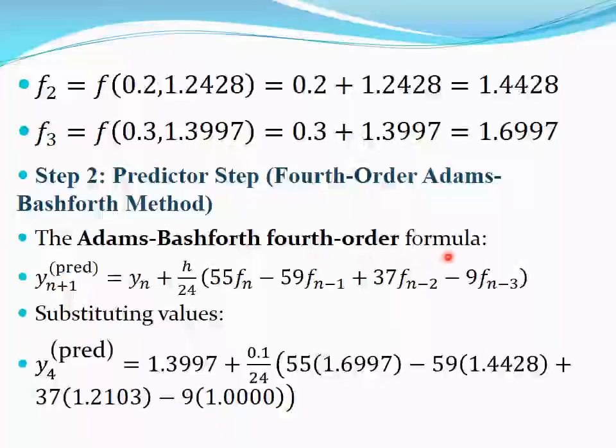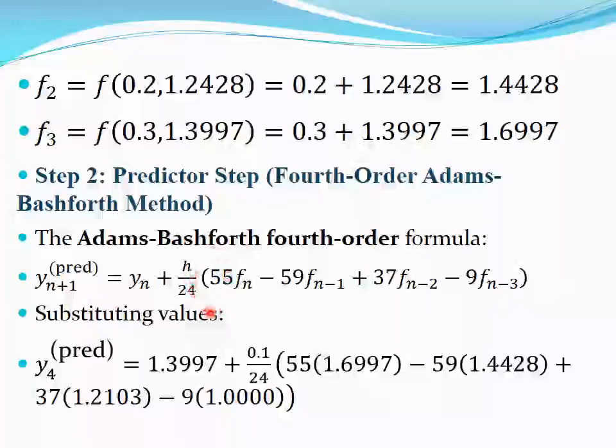It means y3, and we put the value of y3 given in the question, plus h upon 24. The value of h is given as 0.1. The 24 and the 55 are the formula values. For f_n, if we put n equal to 3, the function value is f3.